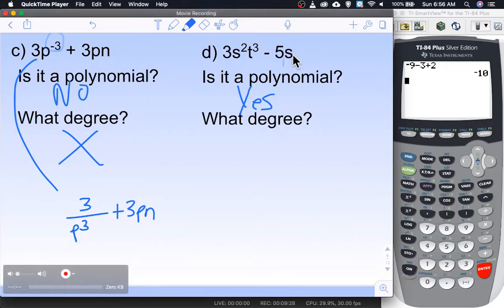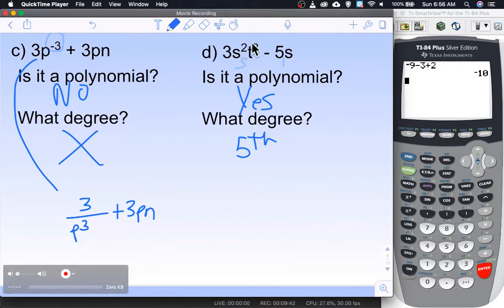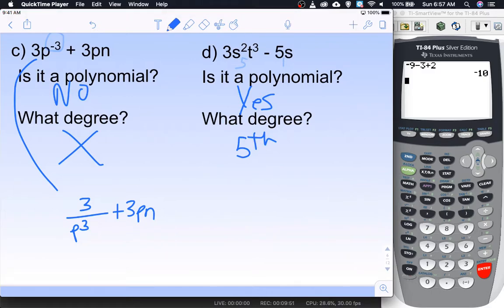See, it's s to the first power. This term, its exponents would add up to 5. So this is a 5th degree polynomial. You just add the 2 and the 3 together. Okay. And that degree thing, that's mostly used when you're putting it in standard form, when you're putting it in order, you put the largest degree first, the most exponents first, and you work your way down the line.